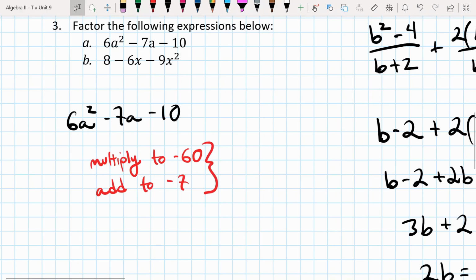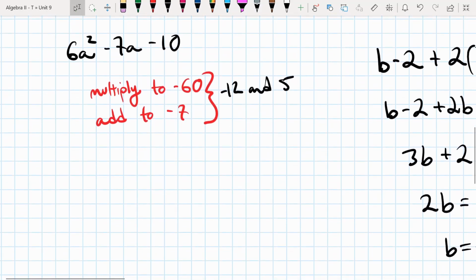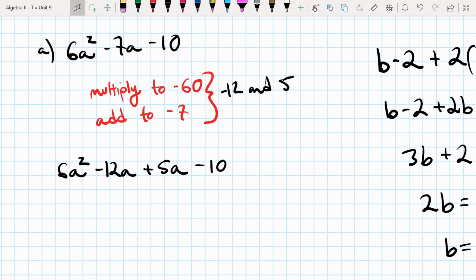So you might have to do a little bit of trial and error for some of these, but in this case it's negative 12 and positive 5. And so we can rewrite this trinomial as 6a squared minus 12a plus 5a minus 10. And then we can do a little bit of factoring by grouping.